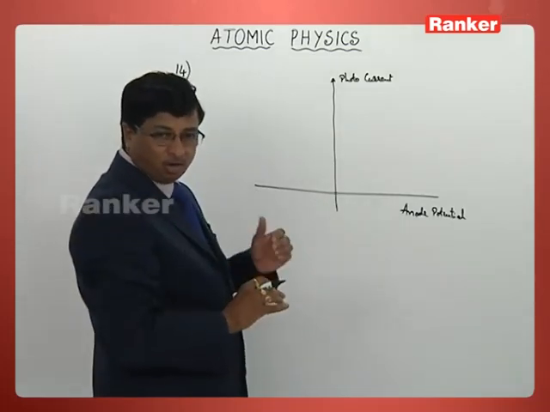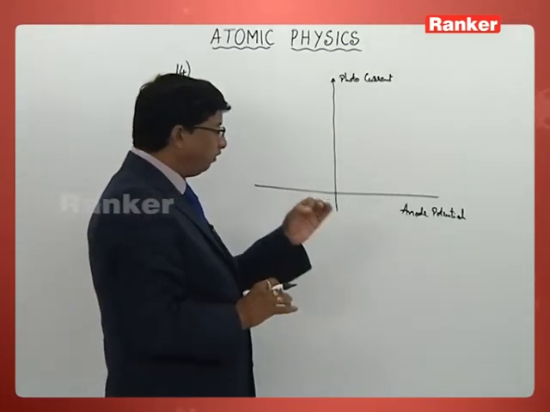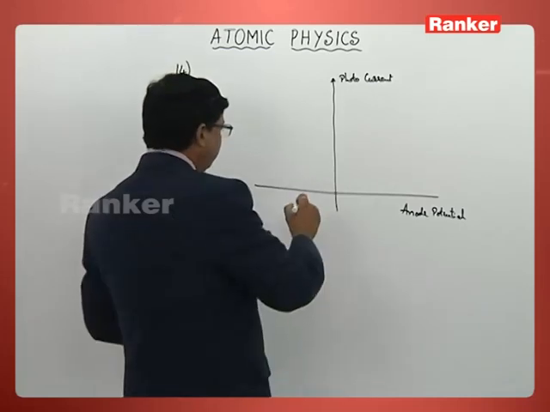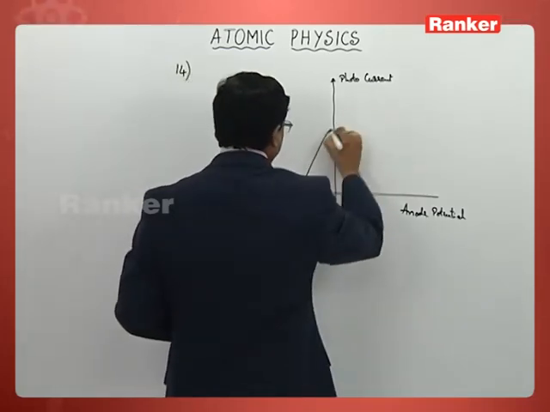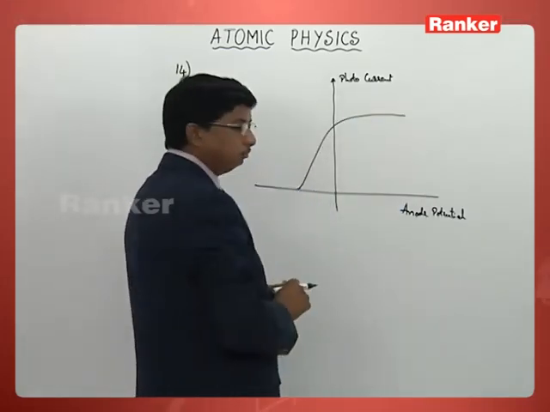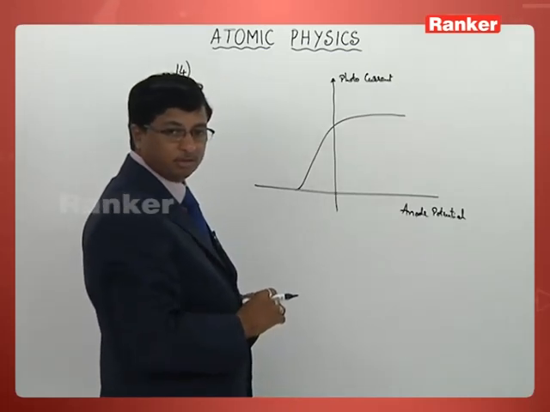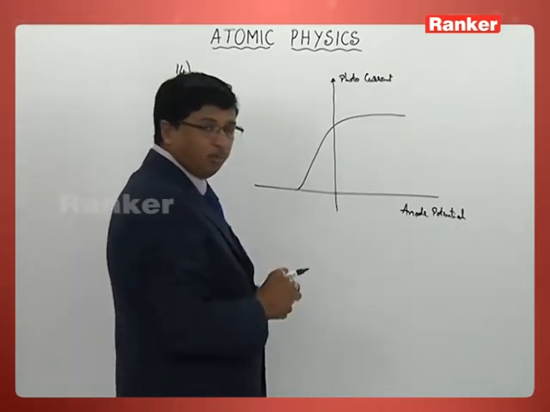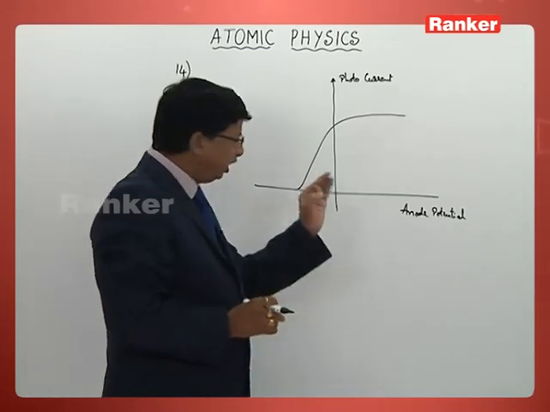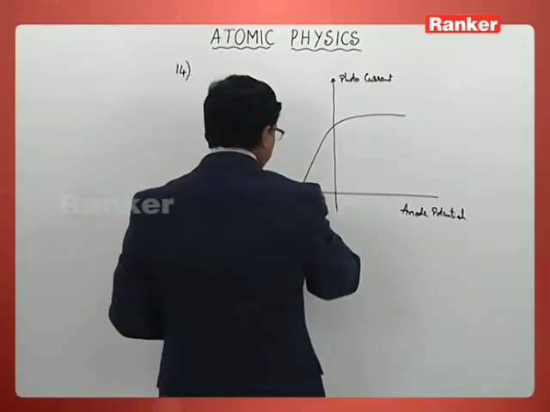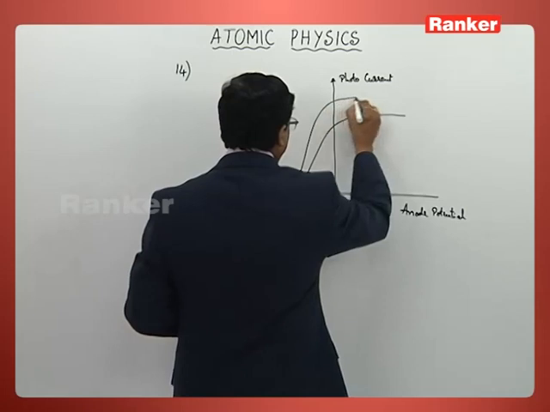And he has just drawn 3 different curves over here. One curve he has just given it like this. The second curve has been started from the same point, but it has been culminated at a higher range.